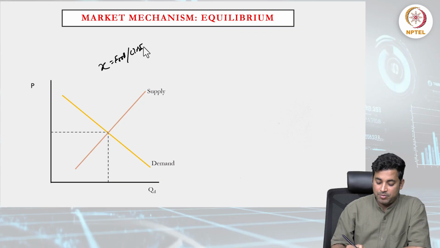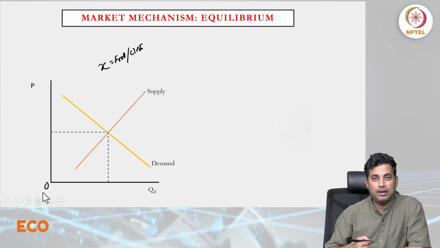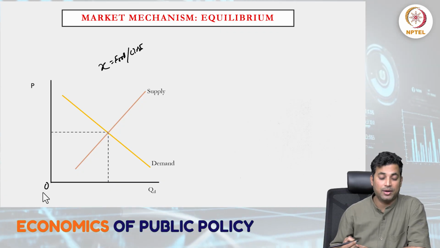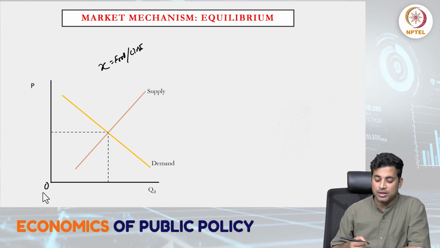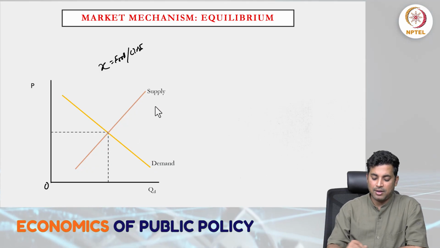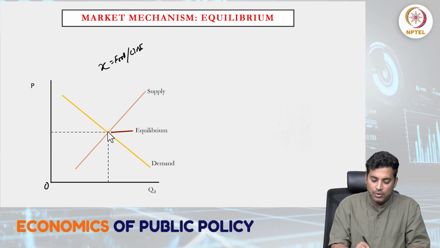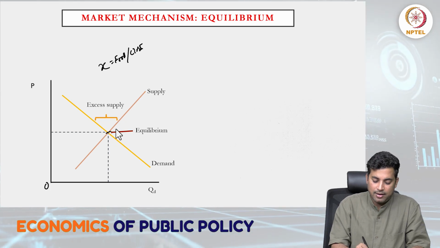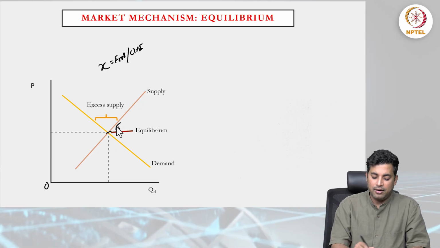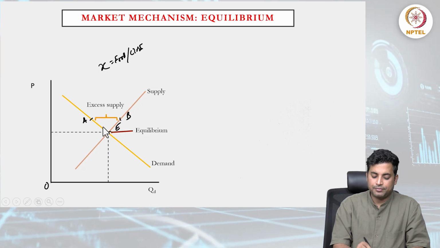On the vertical axis is price, and on the horizontal axis is quantity demanded in the case of the demand function, and quantity supplied in the case of the supply curve. Here we have an upward sloping supply curve and a downward sloping demand curve, and this is called the equilibrium point, say point E, and here say points A to B.